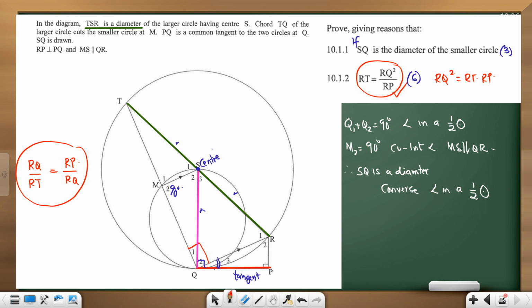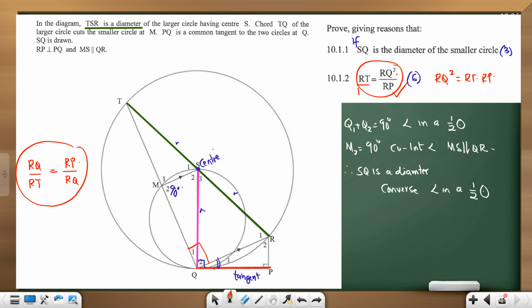You see, you're trying to be creative here. That's what I'm saying. Work backwards. So for me to get RQ squared, it must be, can you see that?